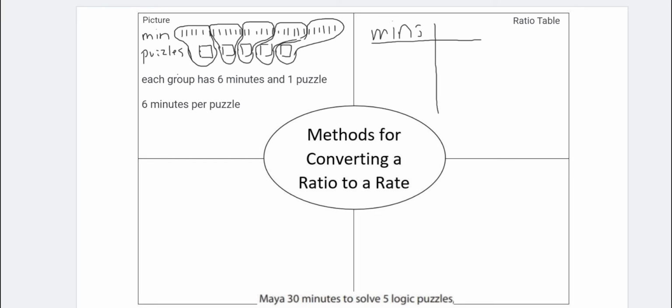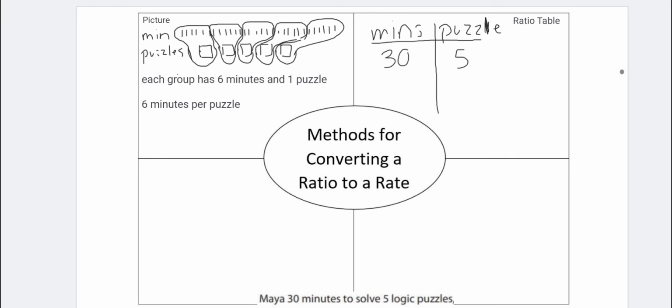MIN is the abbreviation for minutes, so mins for minutes. And then over here, I'm going to put puzzle. Then I take the information they give me. So they told me it takes her 30 minutes for 5 puzzles.